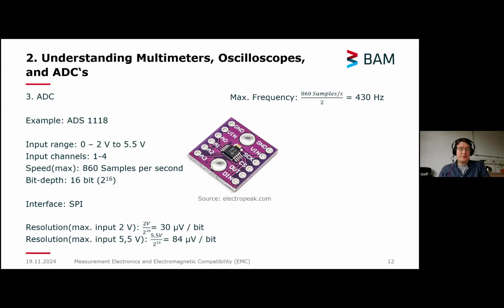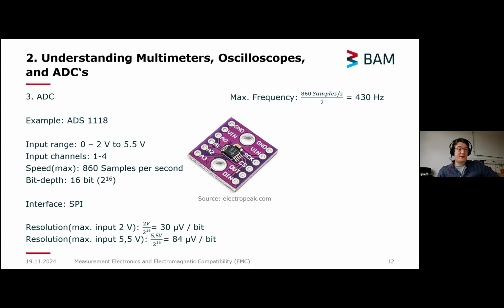In a basic example, there is an analog digital converter called ADS1118. It has a changeable input range from 0 to 2 volts or up to 5.5 volts. It has 4 channels, and the sample rate is only 860 samples per second, which means you could acquire a highest frequency of 430 hertz by the Nyquist theorem.